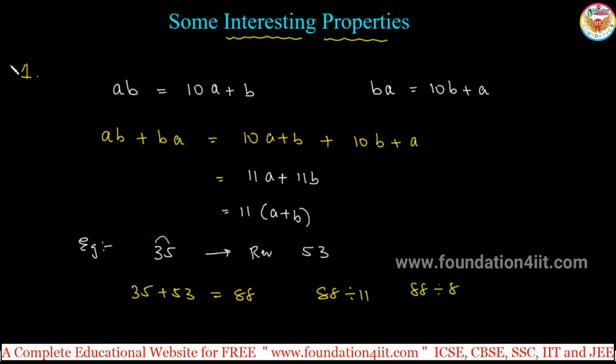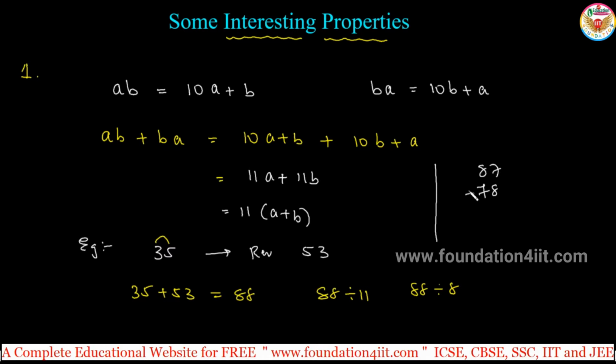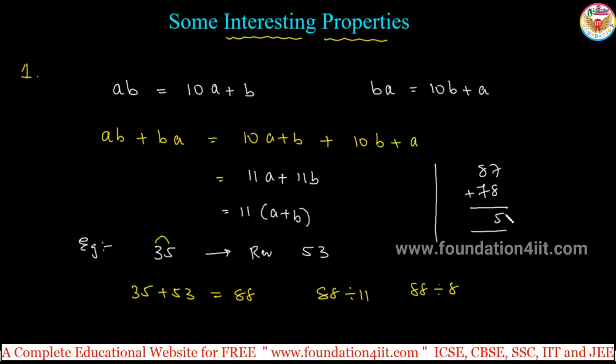Clear? Take any number, not only 35, any other example. Say 87 is the number, and the reverse of the number is 78. Just add those numbers. The answer is always divisible by 11 or the sum of the digits. So 7 plus 8, 15, 1 carry, 165.